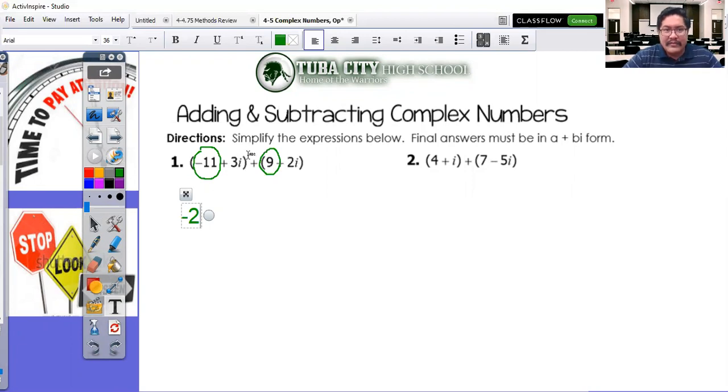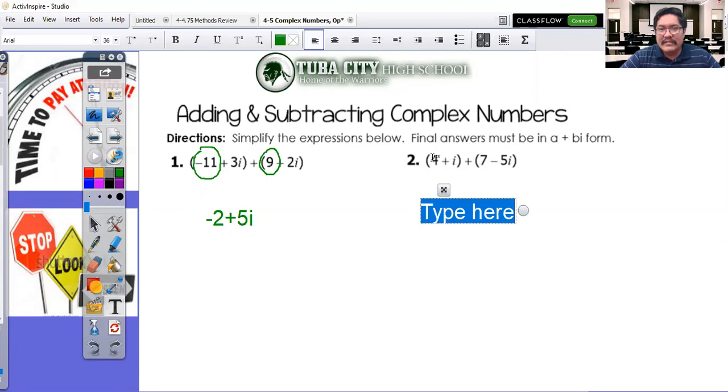So they're both going to be a positive 3i, positive 2i, just because of the way I made that circle. That's going to make it plus 5i. And that's pretty much it. See? Told you it wouldn't be that tough. If you already know how to do like terms, shouldn't be any issue.